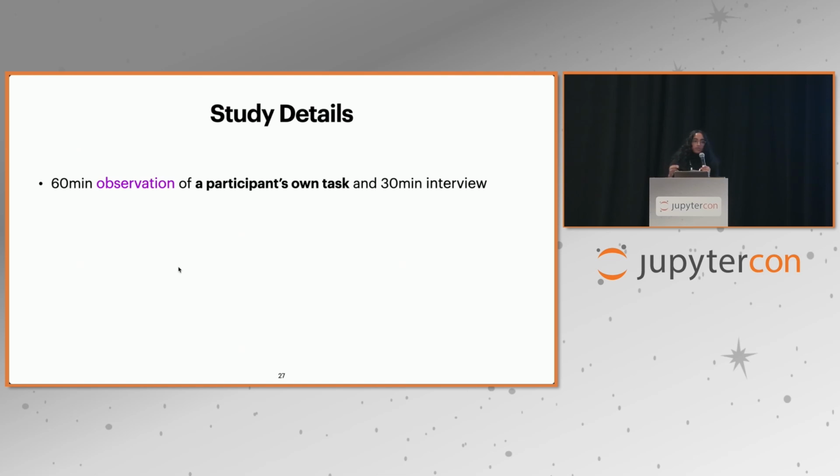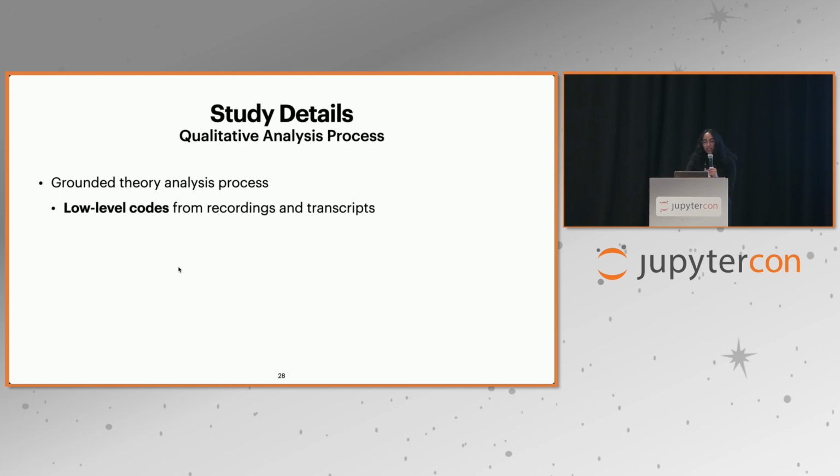So, because we wanted to understand the process of writing code by scientists instead of just the end result, we decided to conduct an observational study where we spent 60 minutes watching our participants, who are scientists in academia, work on their own task, and also conducted 30-minute interviews afterwards. Then, to analyze the data, we used a social science research technique called grounded theory, which is used to analyze open-ended data in a more structured way.